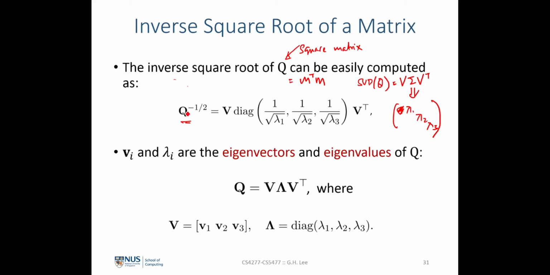And in order to compute the inverse of the square root, what we will simply do is compute the inverse of the square root of the respective eigenvalues in sigma, and then put it back into this equation over here, where we pre-multiply and post-multiply by V and V transpose to get back this particular square root of the matrix over here.